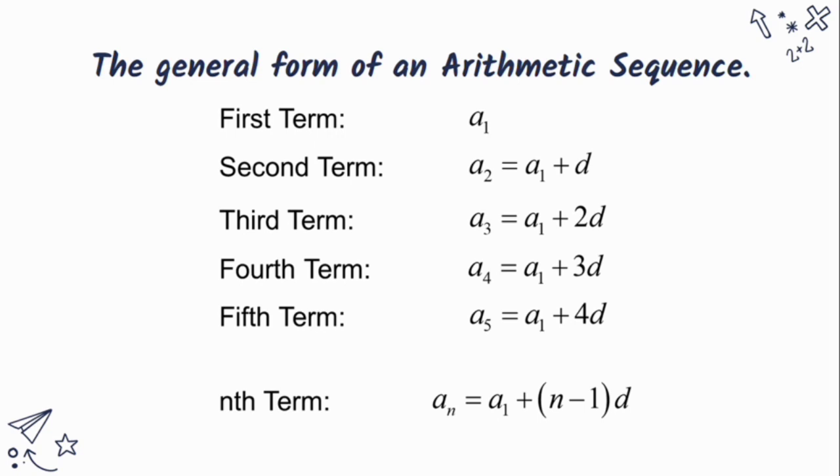First term is a sub 1, second term is a sub 2 equal a sub 1 plus d, third term is a sub 3 equal a sub 1 plus 2 times d, fourth term is a sub 4 equal a sub 1 plus 3 times d, fifth term is a sub 5 equal a sub 1 plus 4 times d, and the nth term is a sub n equal a sub 1 plus n minus 1 times d.